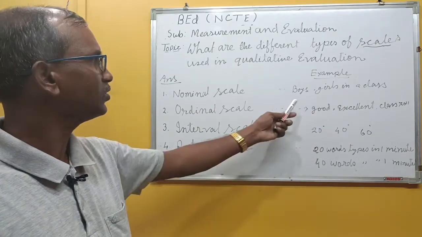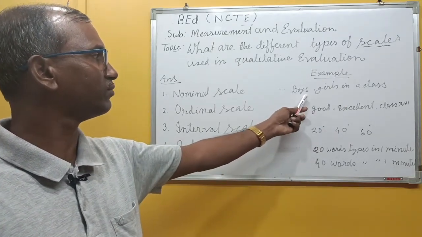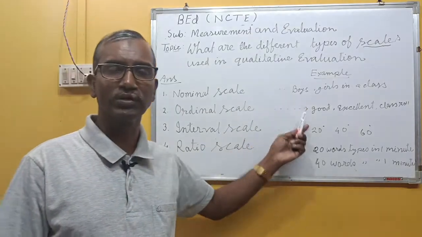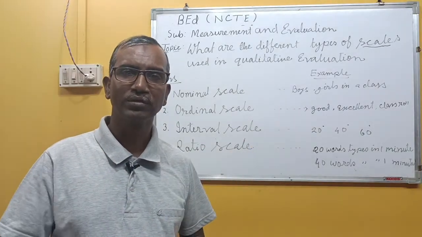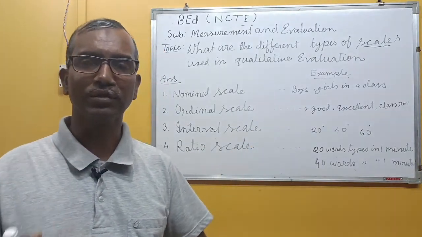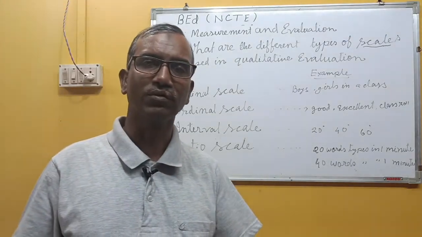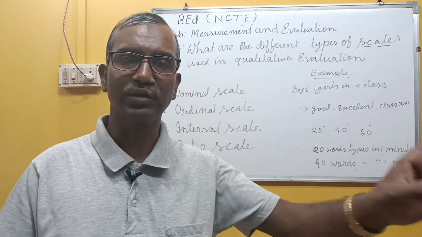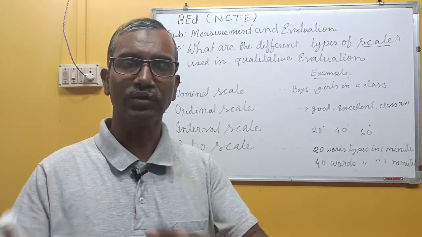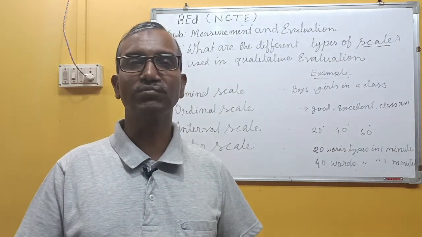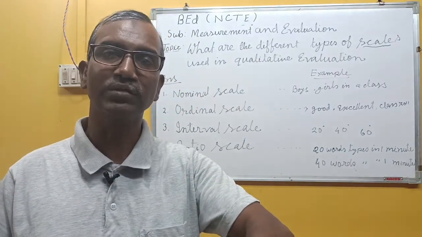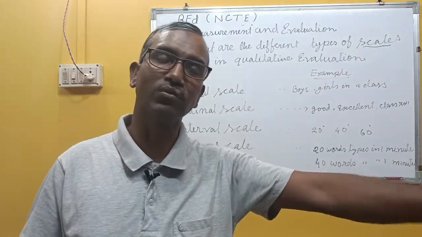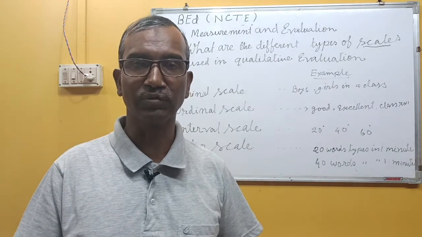Sometimes in a cricket match, in a football match, we see the serial number on the jersey or in the dress of players. Player number 1, player number 2, player number 3. But it does not mean that player number 3 is worse in comparison to player number 1.